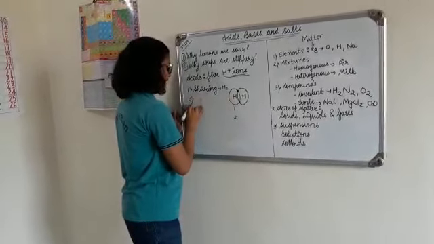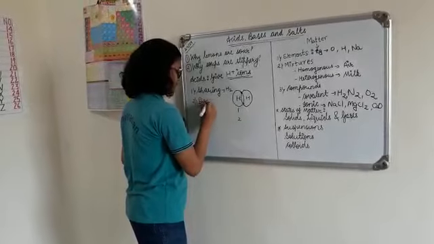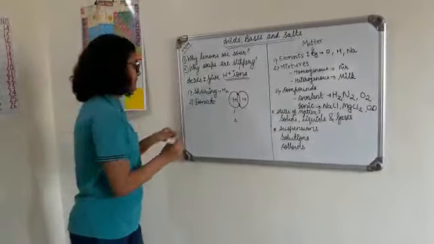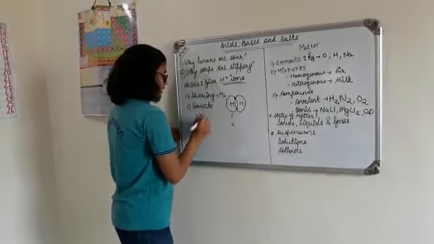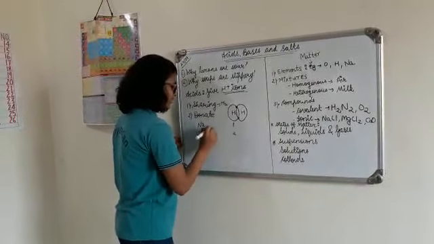In the same way, atoms can donate their electrons. Here the example would be sodium. Sodium has the electronic configuration of 2,8,1. It has an excess of 1 electron.